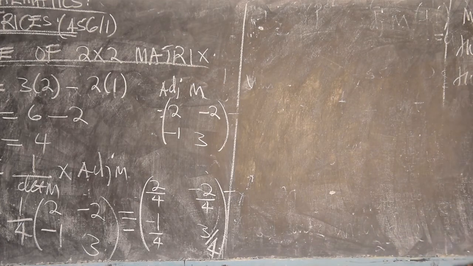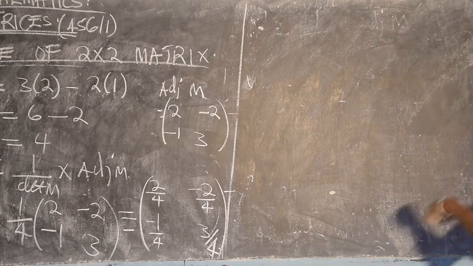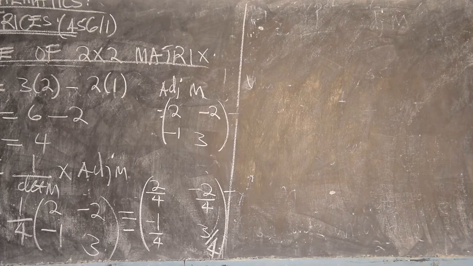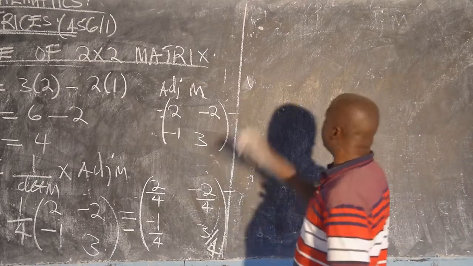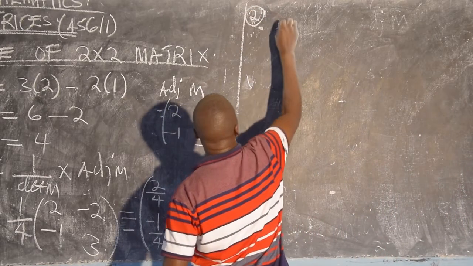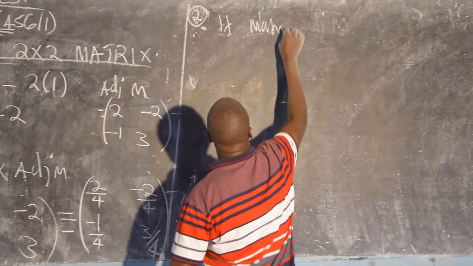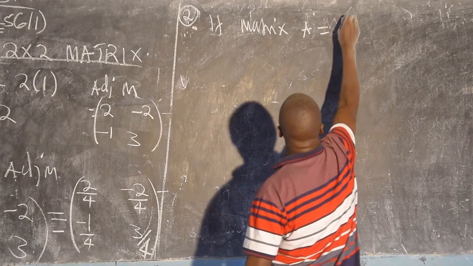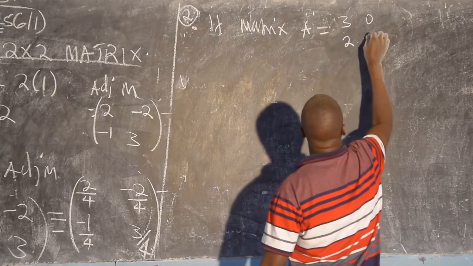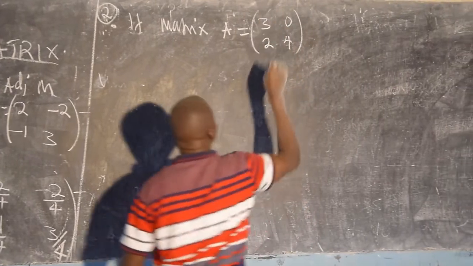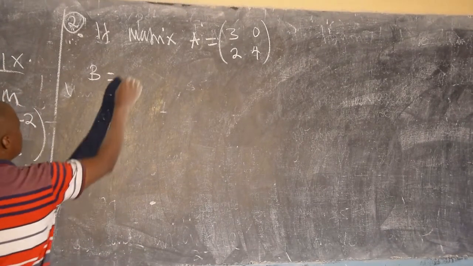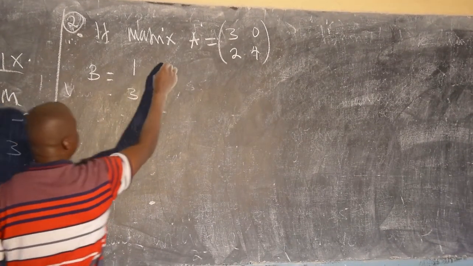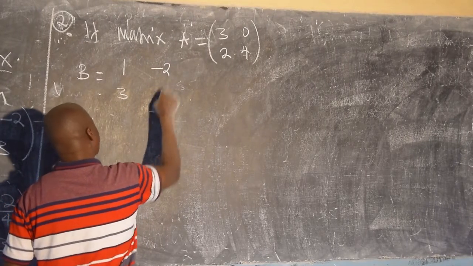I want to give one more example. Number 2, question 2. Matrix A is 3, 2, 0, 4. Then matrix P is 1, 3, negative 2, 1.